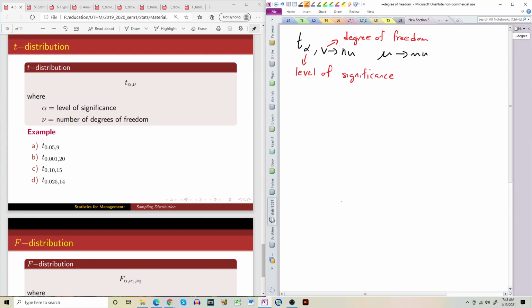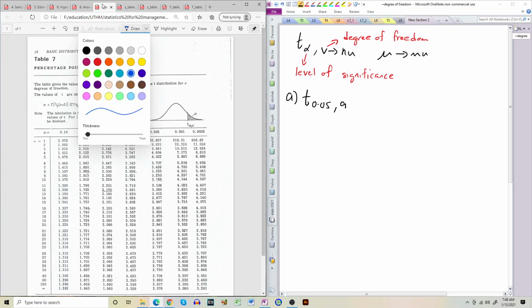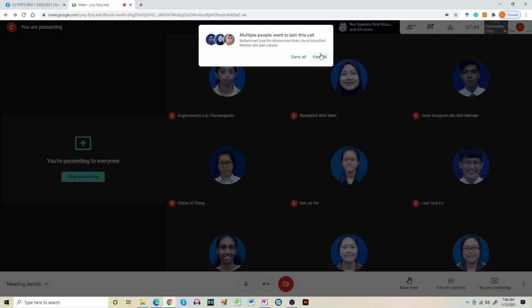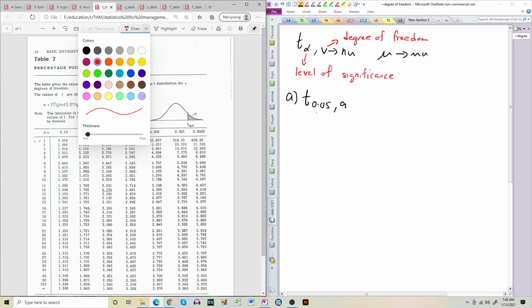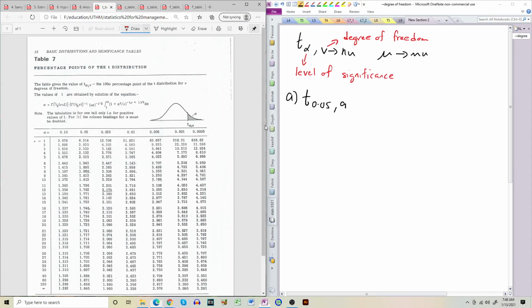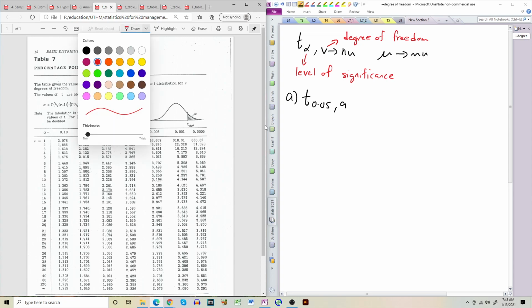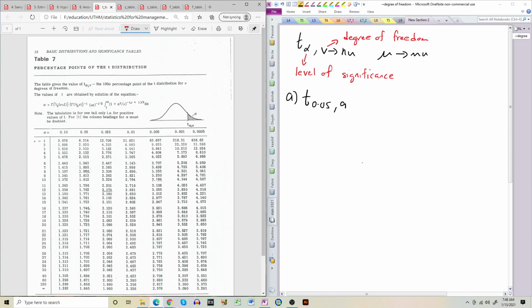So let us look at the first question, A: T 0.05, 9.